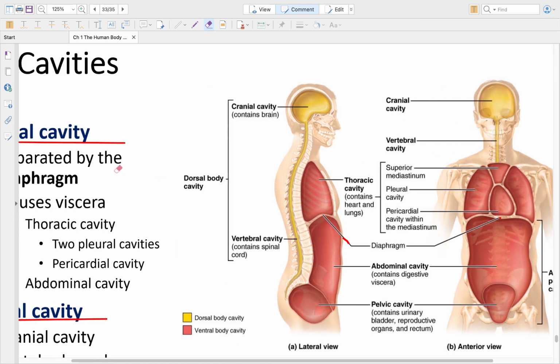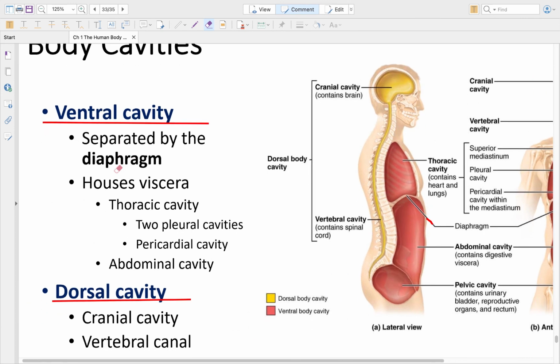Okay, the dorsal cavity. Remember the dorsal fin on the shark? Let's draw a little shark fin just for fun, okay? So, there we go. The dorsal's in yellow. What's inside of this cavity is very straightforward. Cranial, vertebral cavity. The cranial, what do you think that holds?